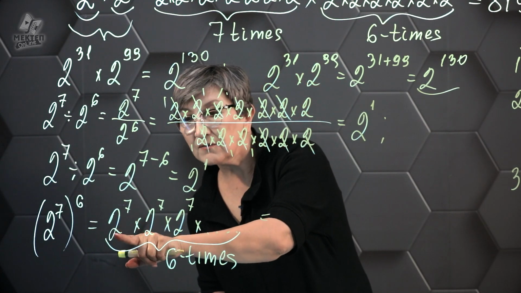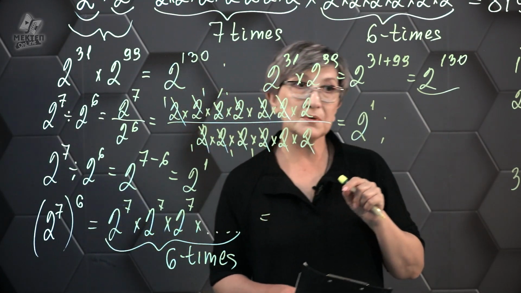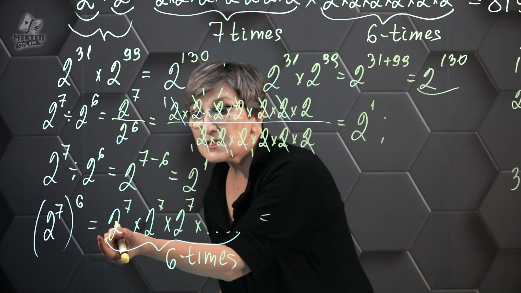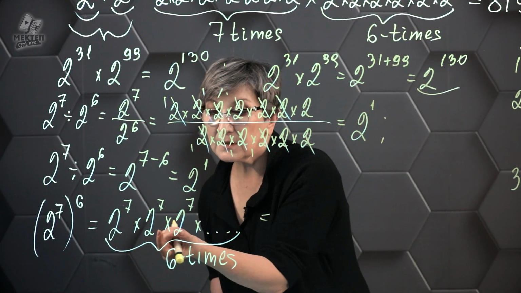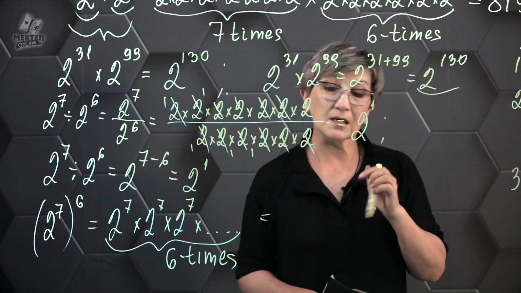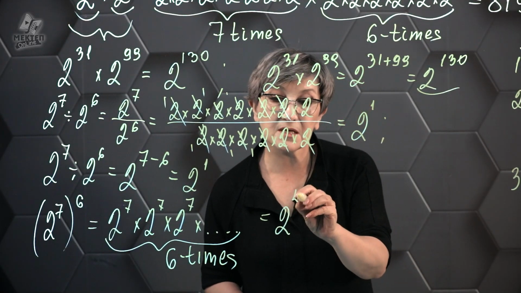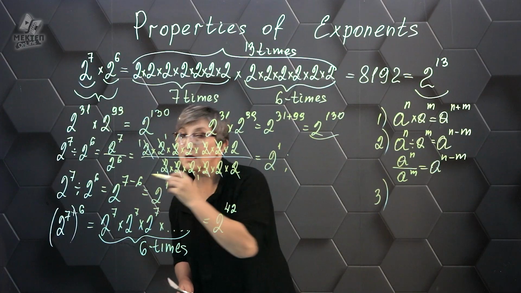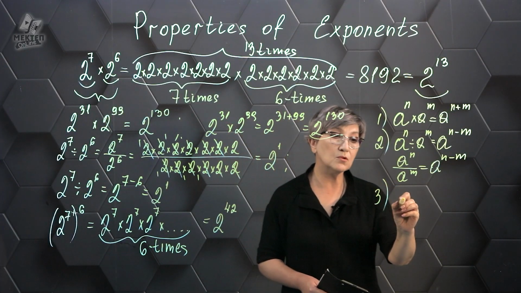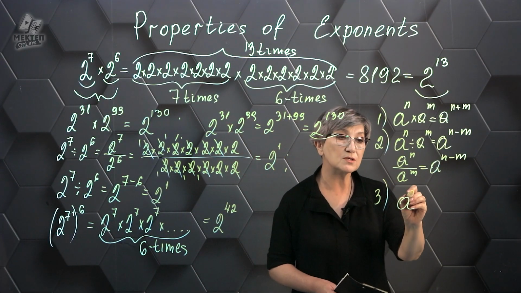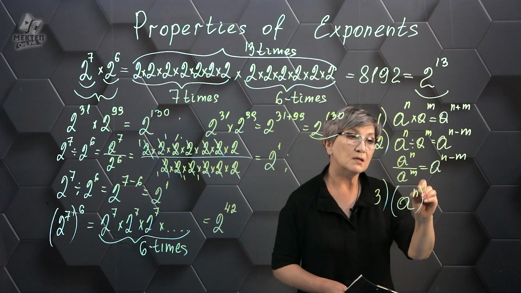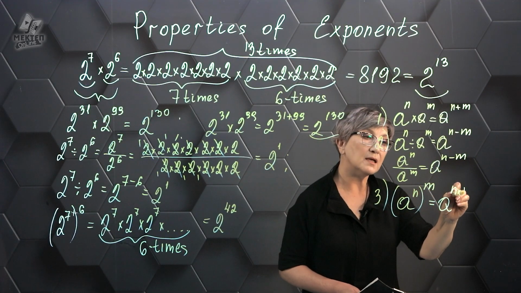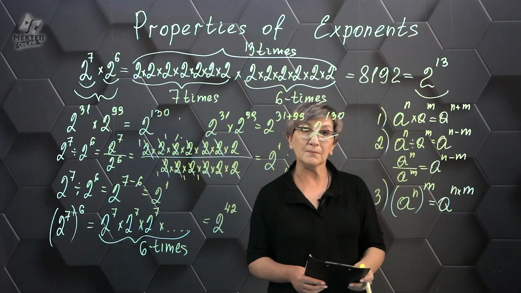Here's 2 to the power of 7, here's 7, and here's 7, and so on 6 times. The result is 2 to the power of 42. What did I do? Yes, I multiplied these exponents. Thus, I got the following property: a to the power of n, to the power of m. The result is a to the power of n times m.